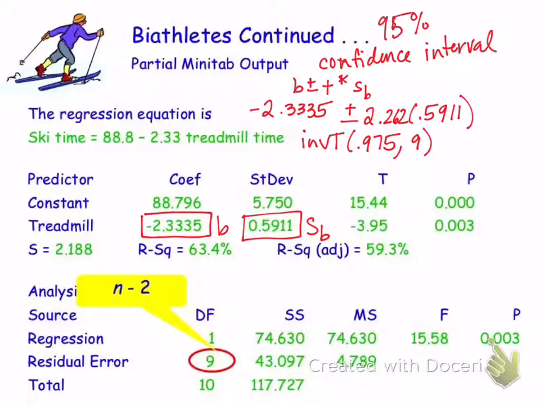So when you have computer output, you have to calculate your confidence interval on your own. You don't get to do a fancy stat test. So we're actually going to do this by hand. So negative 2.3335 minus, for my negative bound, I got negative 3.67.